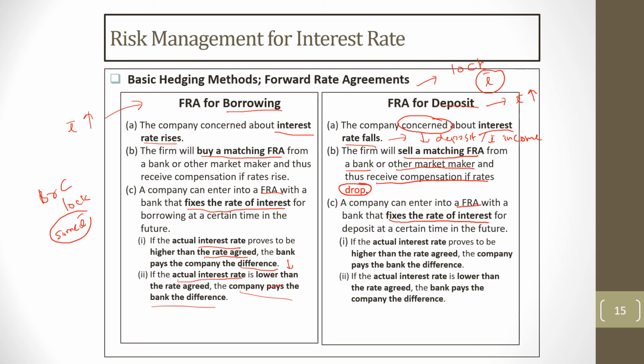If the actual interest rate proves higher, kalau interest rate tu higher daripada rate agreed, the company yang kena bayar kepada bank untuk the differences. Tapi kalau the actual interest lower daripada rate agreed, so the bank akan pay the company the difference. Itu beza untuk FRA borrowing dengan deposit.